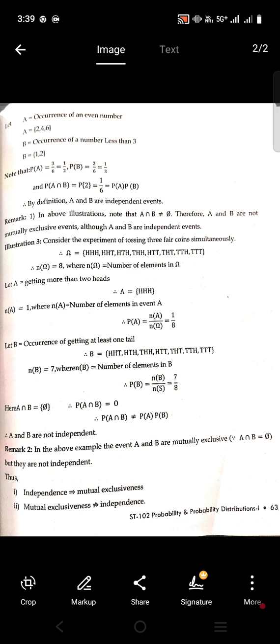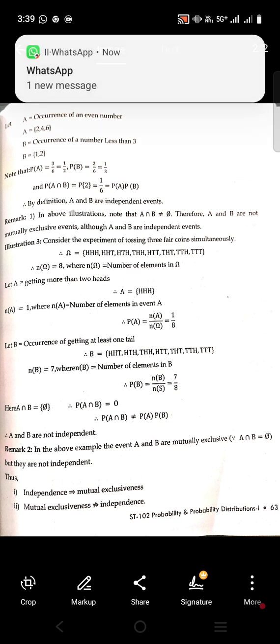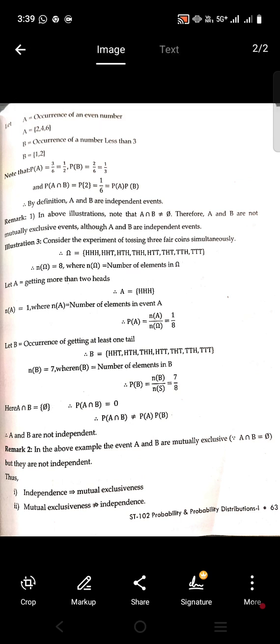The favorable event is 2, so m is 1, and the total sample space is 6. Therefore the probability of A intersection B equals the probability of 2, which equals 1 by 6, equal to the probability of A into the probability of B. By definition, we have proved A and B are independent events.